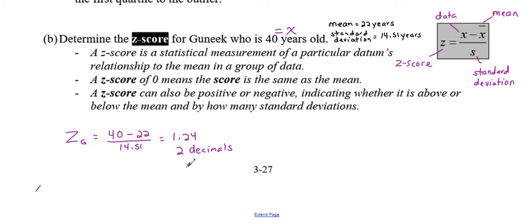The z-score measures how far away you are from the mean in terms of a standard deviation. So if a standard deviation is 14.51 years, she is 1.24 standard deviations above the mean.